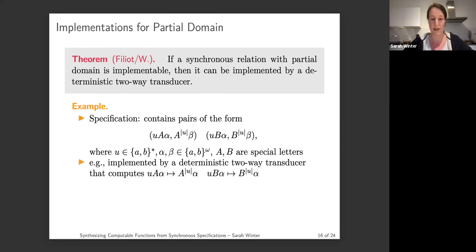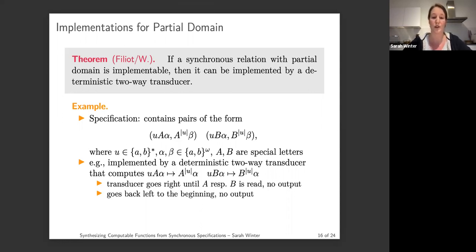Okay, let's take a look at this specification again, where we have to wait for our special symbol A or B. How would a deterministic two-way transducer accomplish this? It would start and go to the right until it sees our signal A or B, and produce no output while it reads. Then the transducer would go back to the left to the beginning and also produce no output.